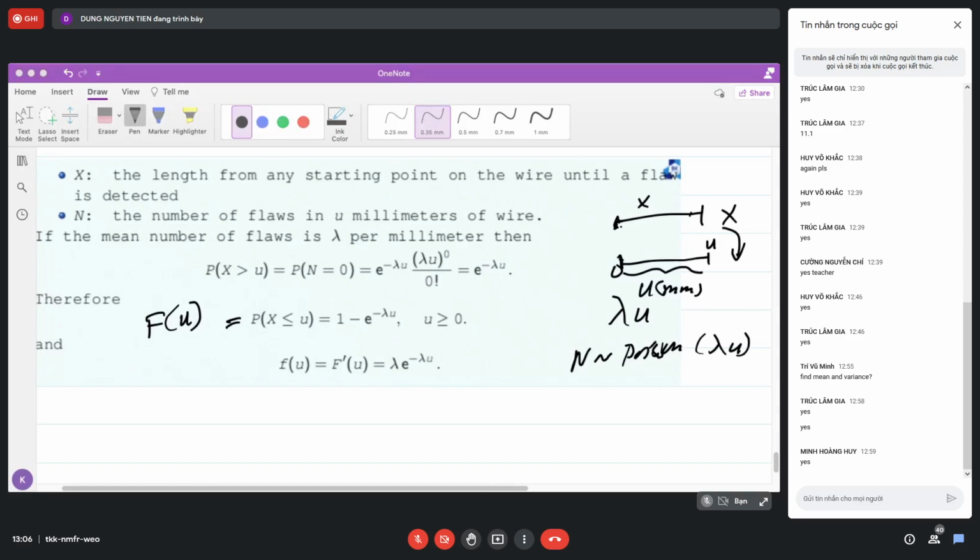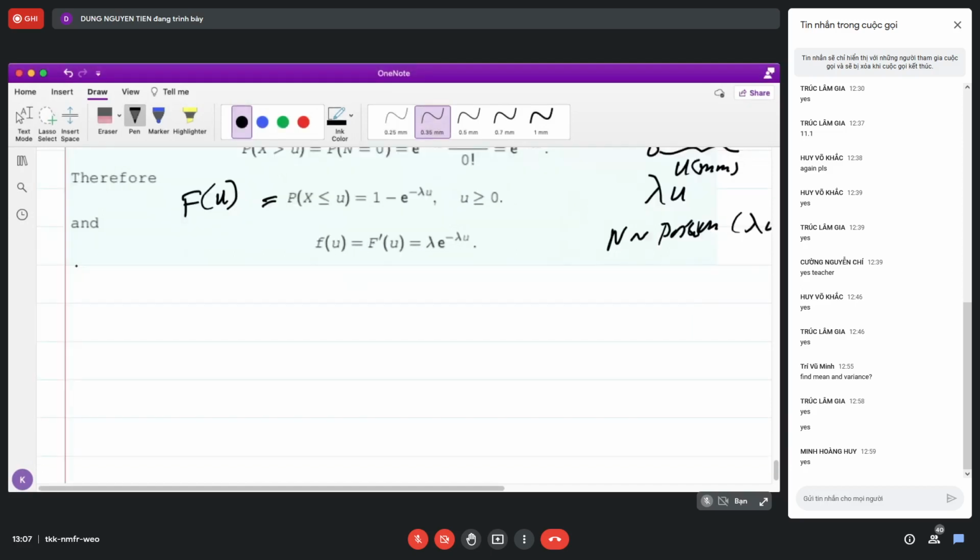Okay. So we can say that an exponential distribution has the following probability density function and cumulative distribution function.